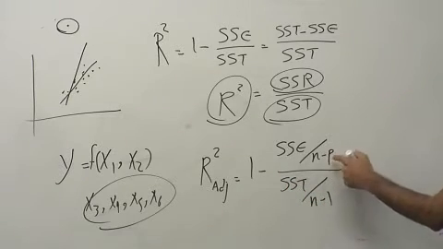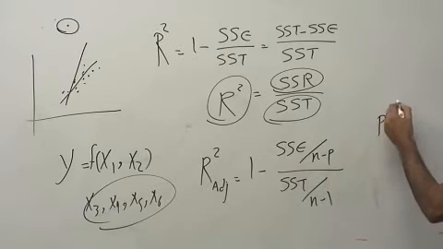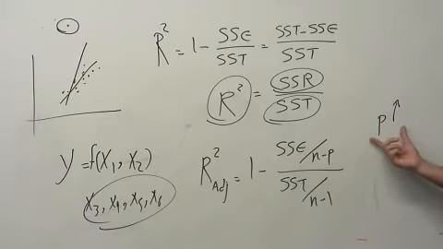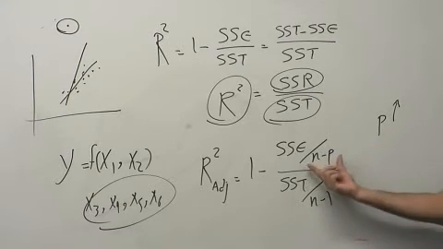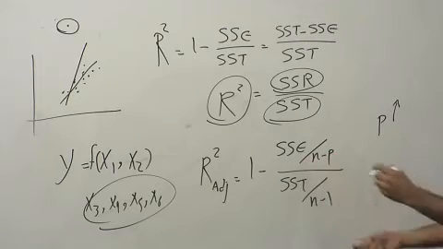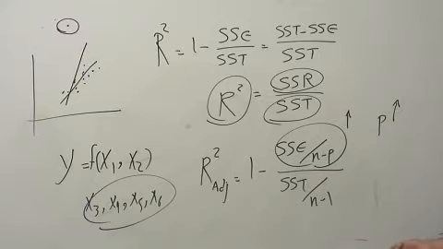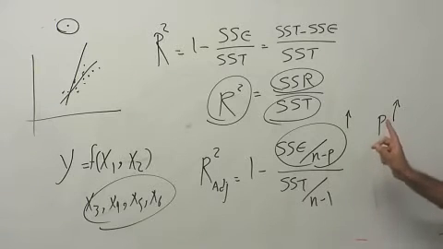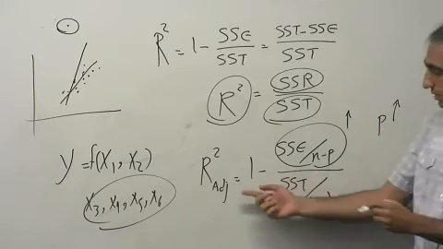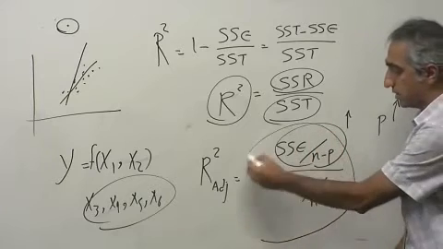So what happens when p increases, which means you have a larger number of variables or predictors in your model? The denominator decreases, this guy increases, and R squared adjusted decreases.